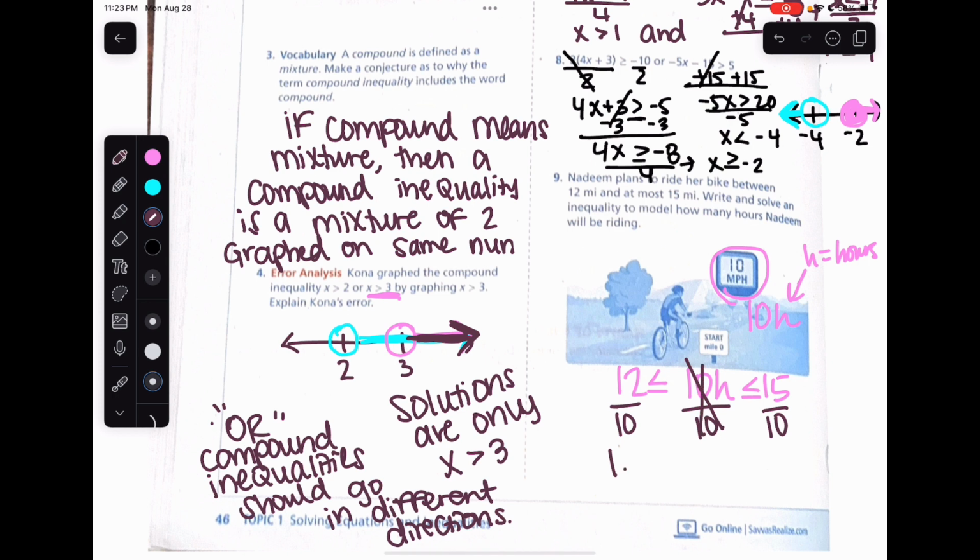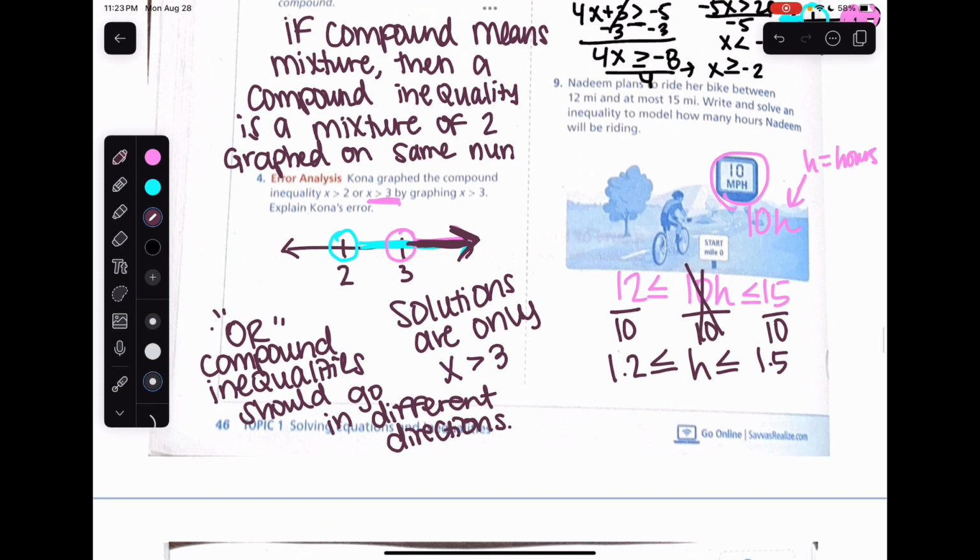Okay, so I've got 1.2 is less than or equal to h is less than or equal to 1.5. So that should tell me how many hours she's going to be riding. So Nadim is going to be riding between 1.2 and 1.5 hours. Okay, that's what she's going to be doing.